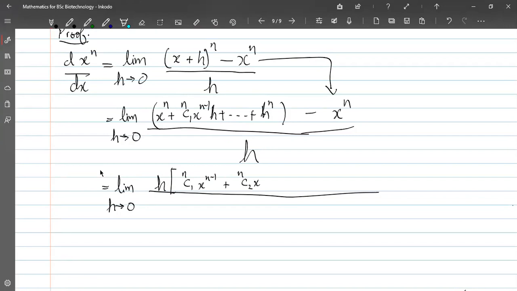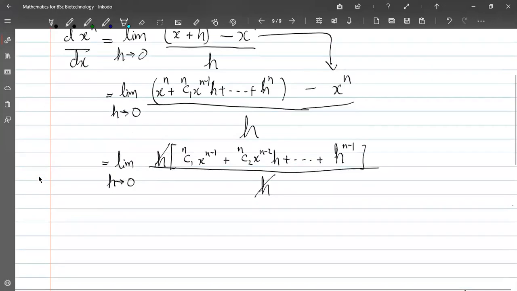So nC2 x to the n minus 2, actually it is h square. You have taken one h out, so h remains. Similarly, the last term was actually h to the n, 1 has been removed, so h to the n minus 1.